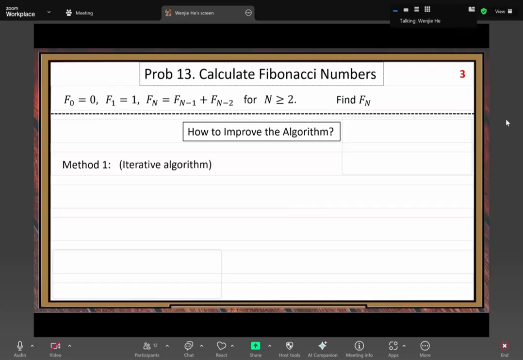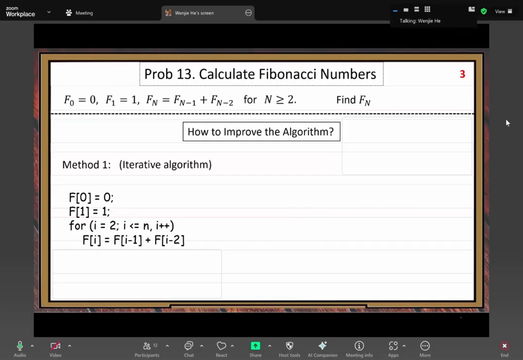Iterative method algorithm. We do not use recursion. Remember in our first class of Module 3 discussion, we have a non-recursion version, the iterative method. In that method, you can see we just use a for loop.